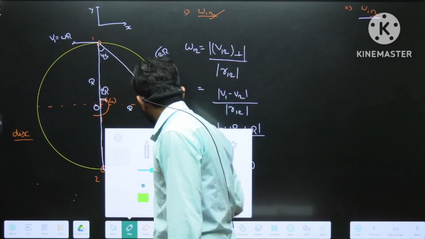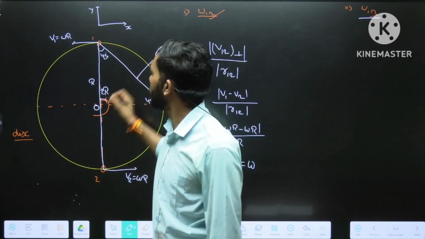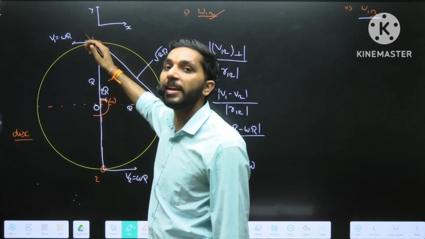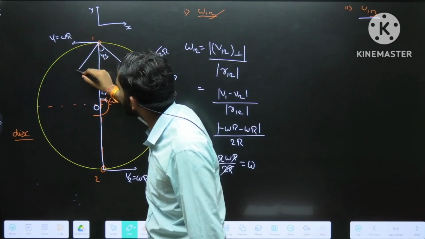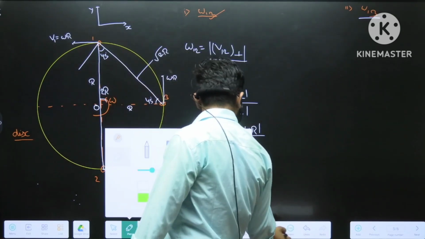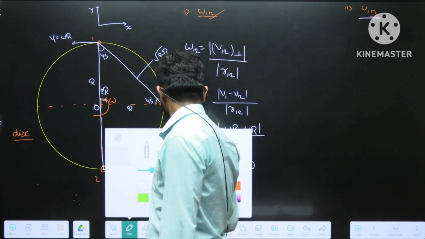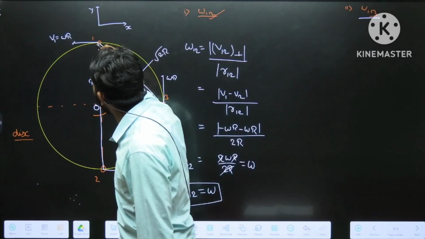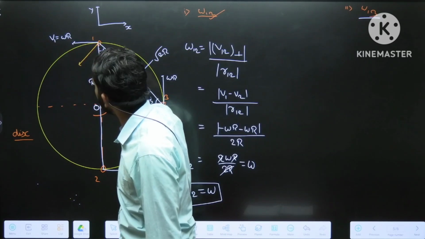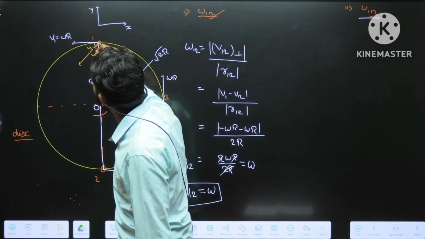Now, according to our definition, we have to use the perpendicular component of velocity along the line joining A and B. So what will be the perpendicular component? This one direction of the velocity, and how much angle is this velocity making? 45 degrees.